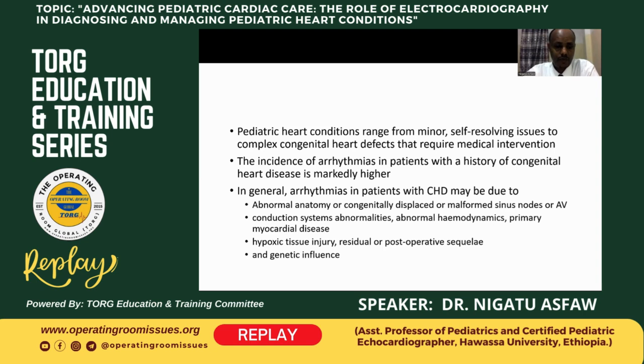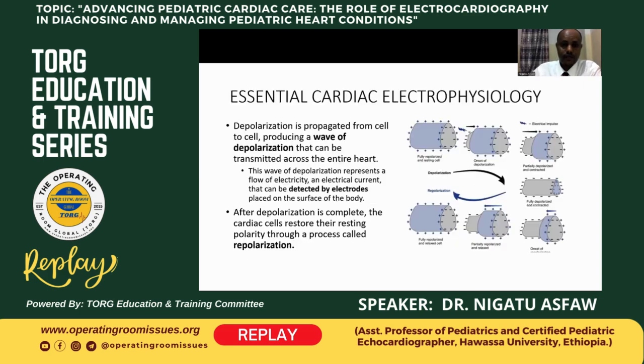There may be hypoxic tissue injury and residual post-operative sequelae. So if a patient has CHD and surgery is done, the patient is still at risk of developing arrhythmias or ECG abnormality. There may also be genetic influences that can result in arrhythmia in those with CHD, like long QT interval.